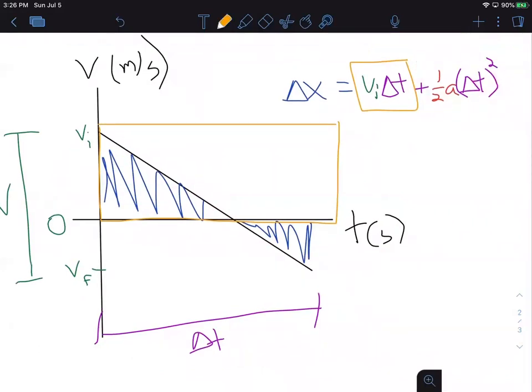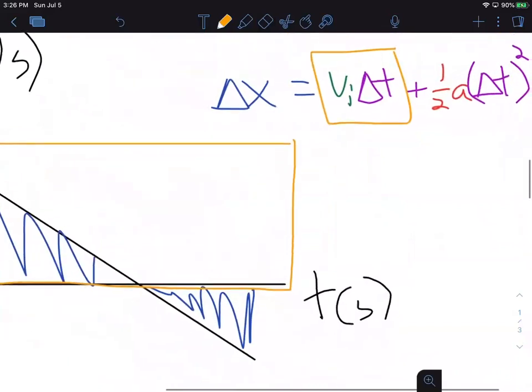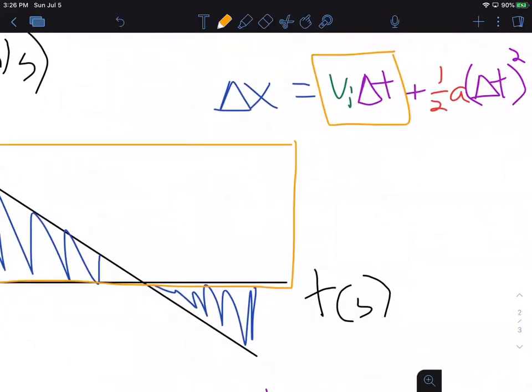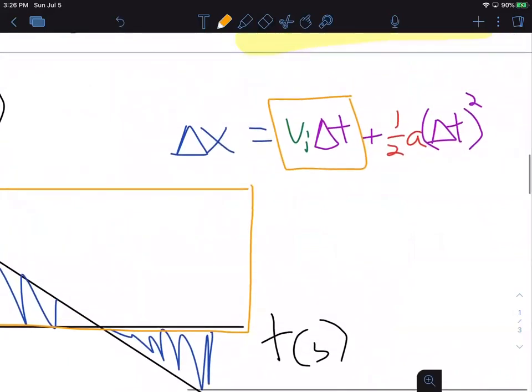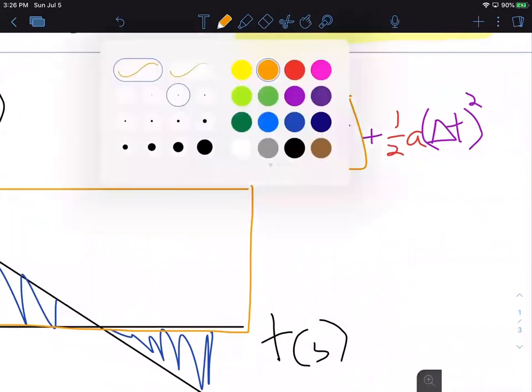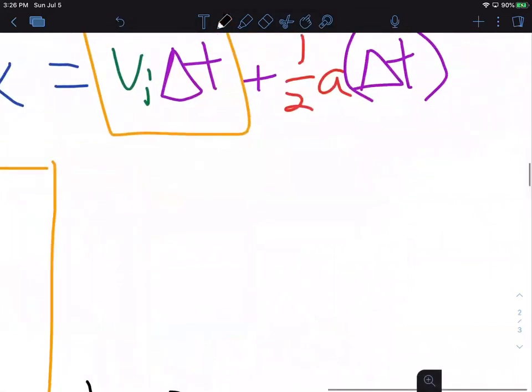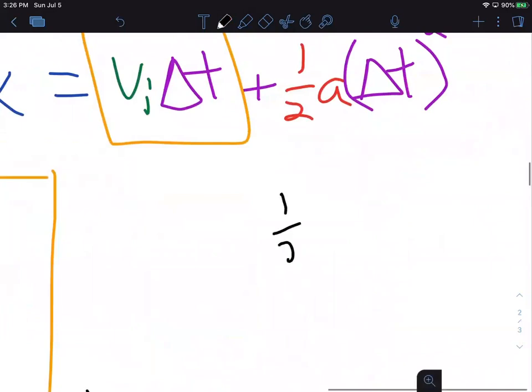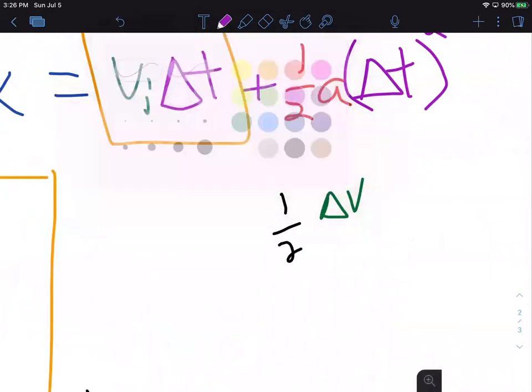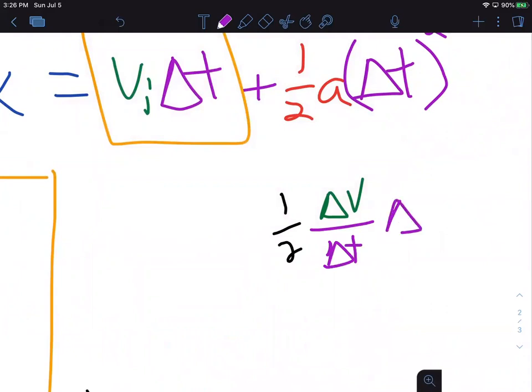This 1/2 a delta t squared, if you remember how we got it, a I can always just write as delta v over delta t. All right, rise over run. So I could write this as 1/2 delta v over delta t, that's what a is, I'm plugging in for a, times delta t squared.